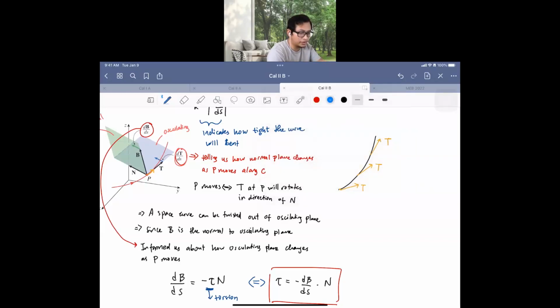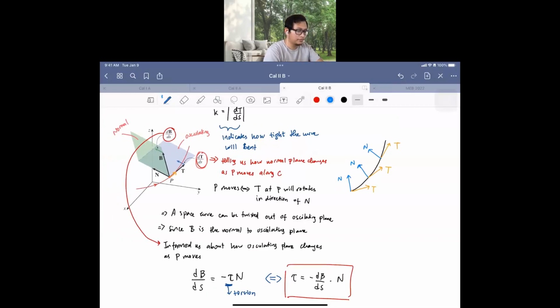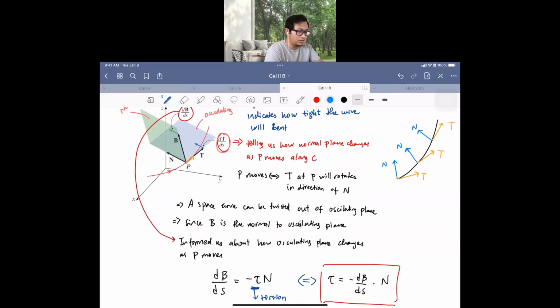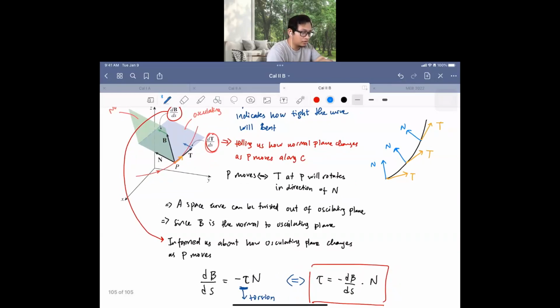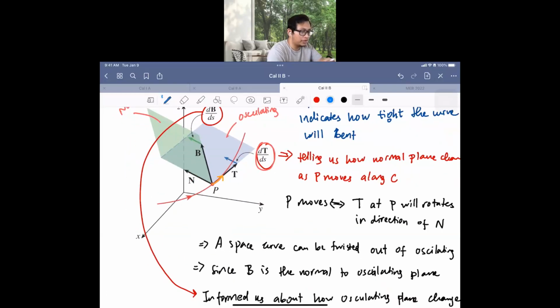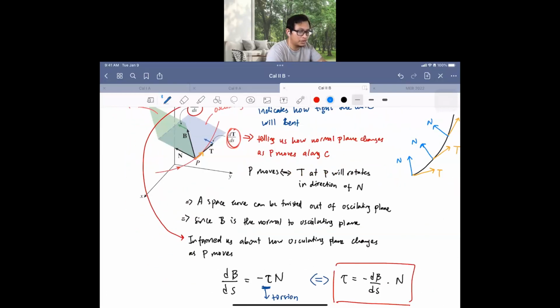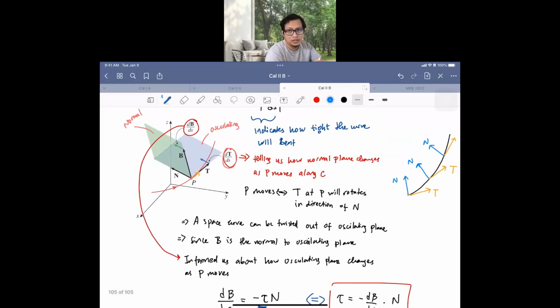So it's facing here, for example, facing here, facing here. And from there we are informed that the osculating plane also changed. Aside from the normal plane, the osculating plane also changed because all these three axes are moving together, right?